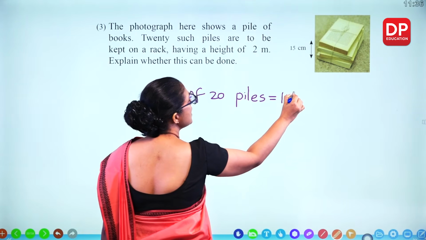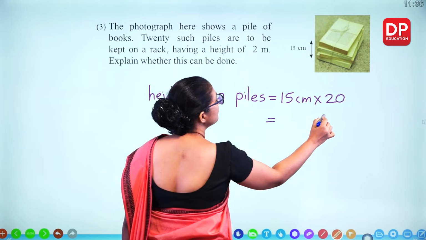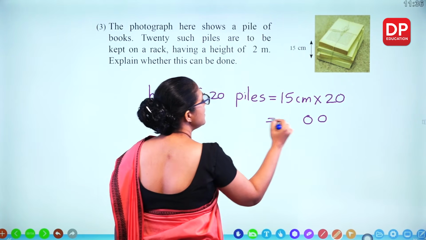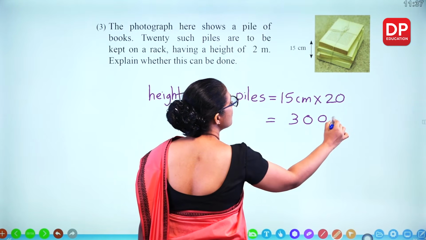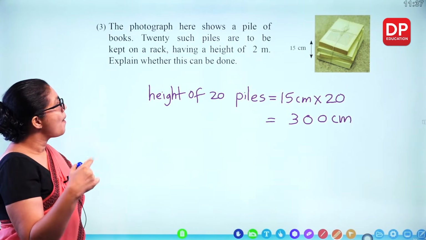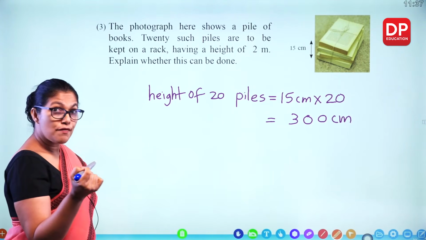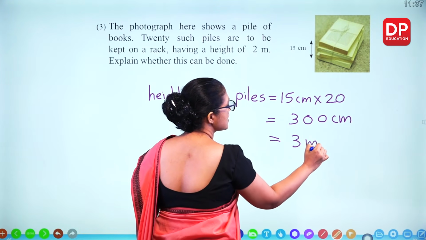1 is 15. Multiply by 20 and see. 2 times 5, 10. 2 times 1, 2 plus 1, 3. 300 centimeters. When you convert to meters, that means you have to divide by 100. You get 3 meters.